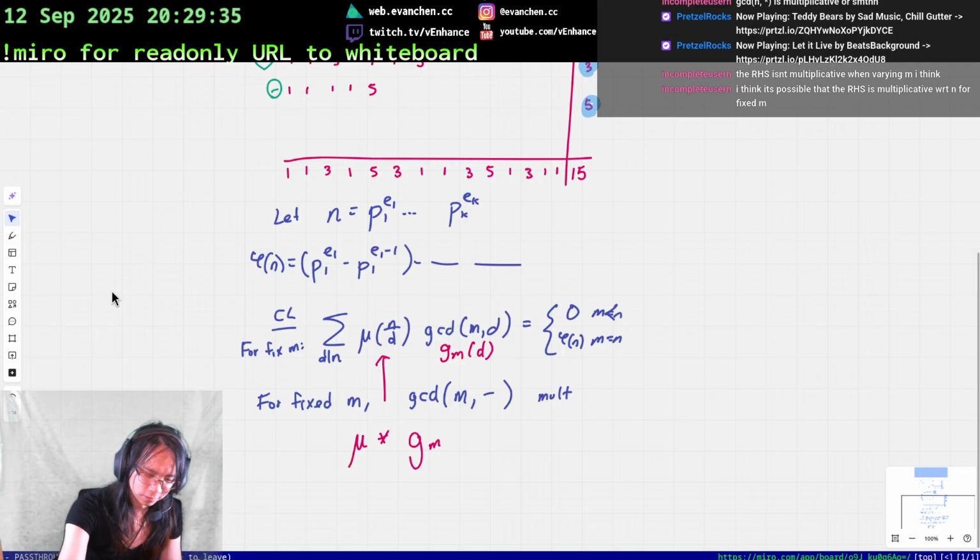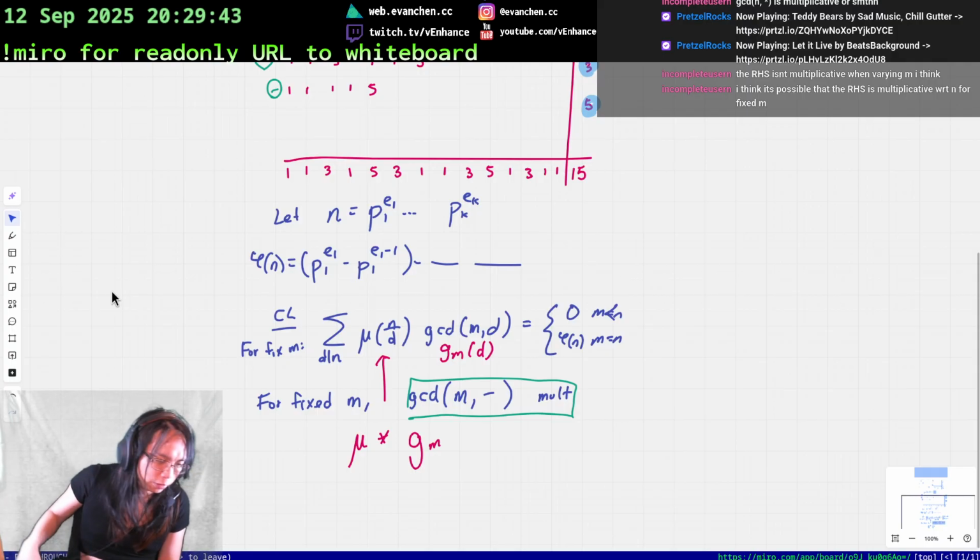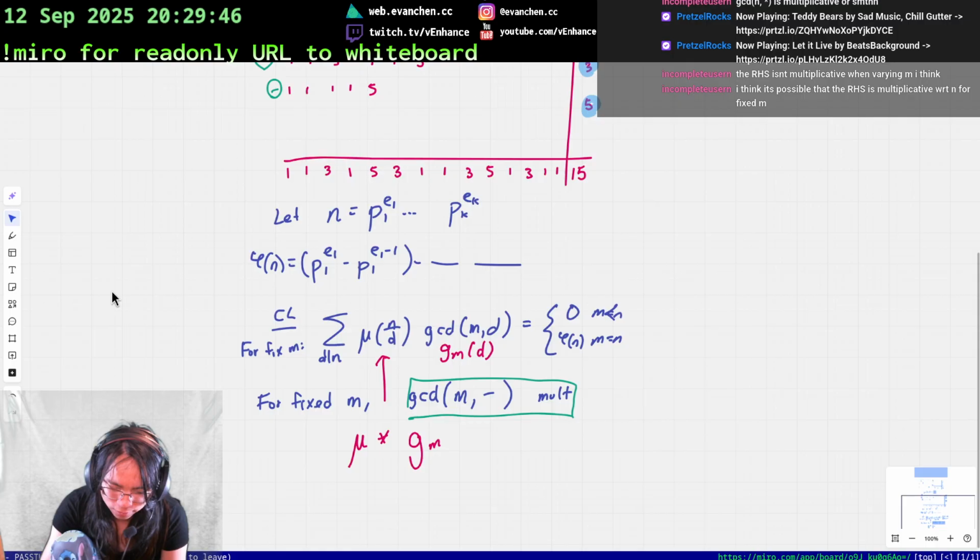What am I doing? Like, this thing is multiplicative, right? This one should be because, I mean, it's just... If A and B are... Yeah, so why am I tripping? Oh, is it actually multiplicative?